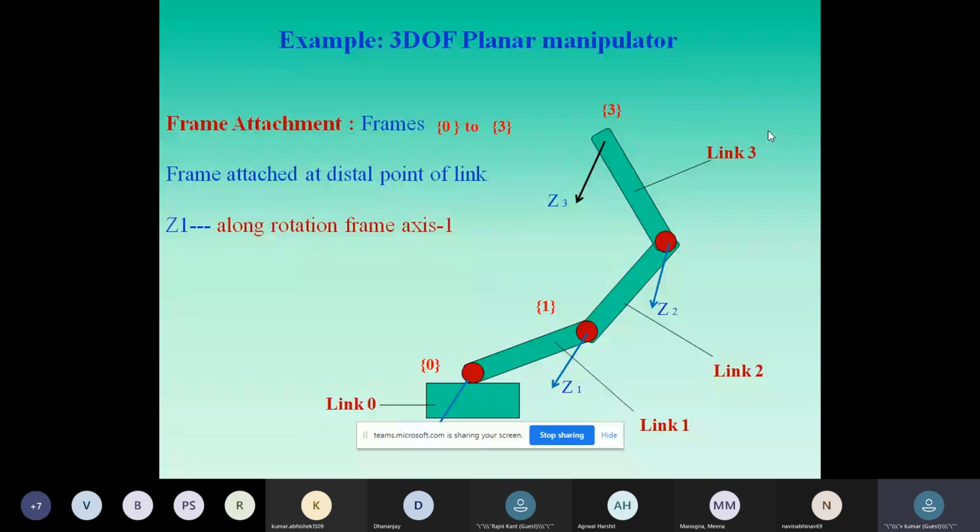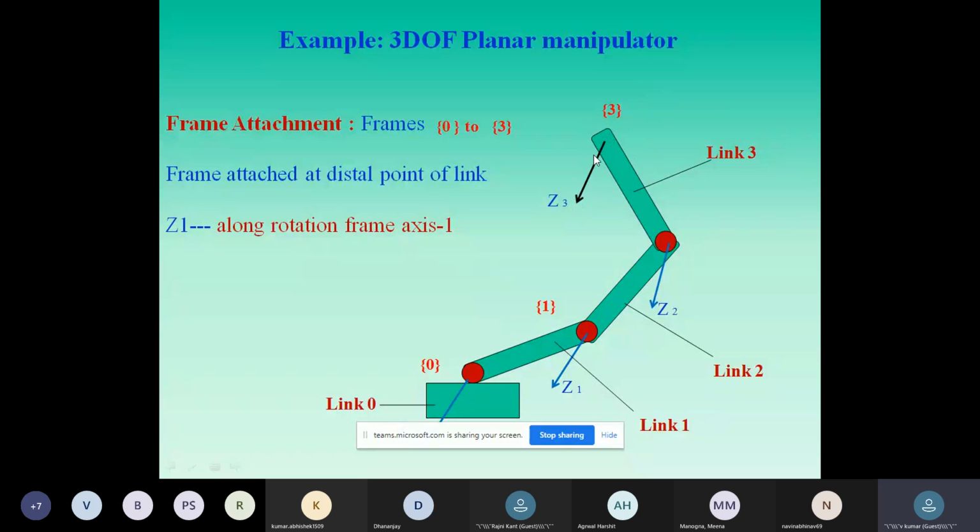Similarly, you attach Z2 perpendicular to the plane, and in this planar robot Z1 and Z2 will be parallel to each other. Also here you see Z0 is parallel to this plane. In the last, you attach Z3.